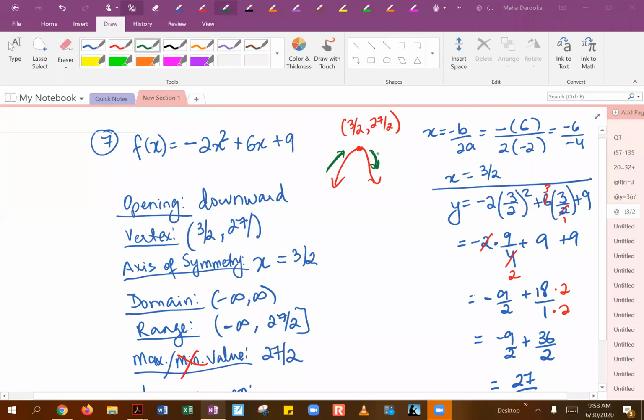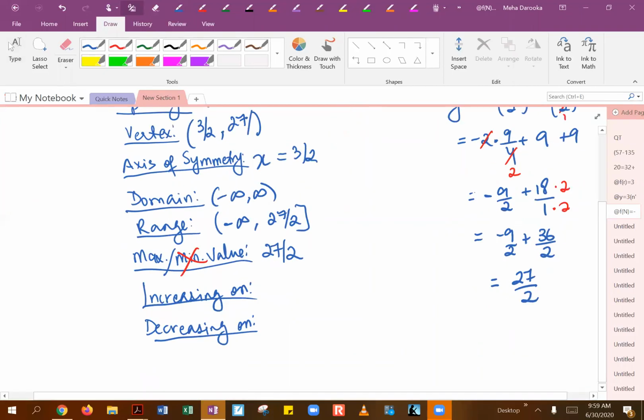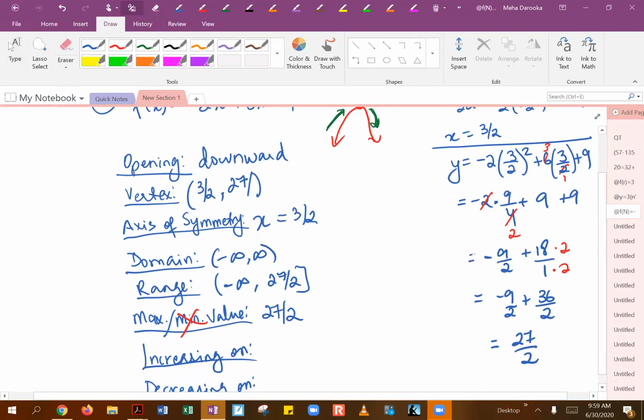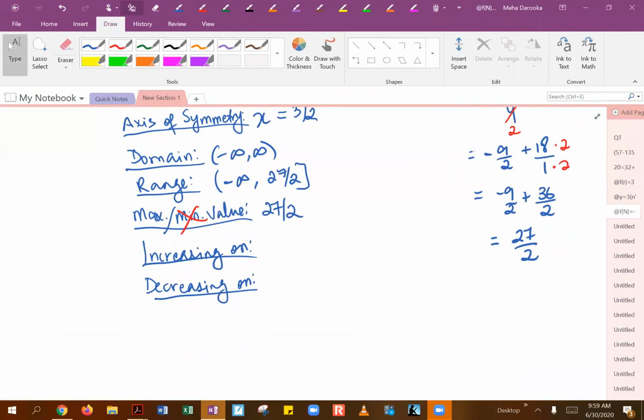And Audrey, you said you got the opposite. Yeah, because since your parabola is now opening downwards, the increasing and decreasing intervals will switch. So you will have increasing from negative infinity to 3/2.